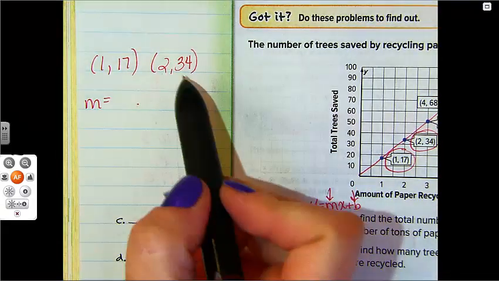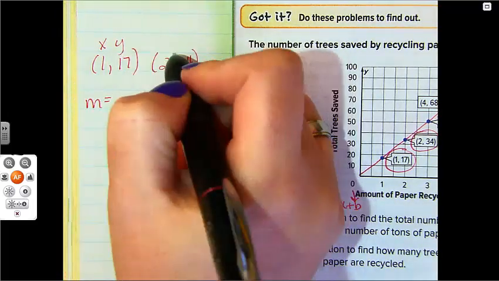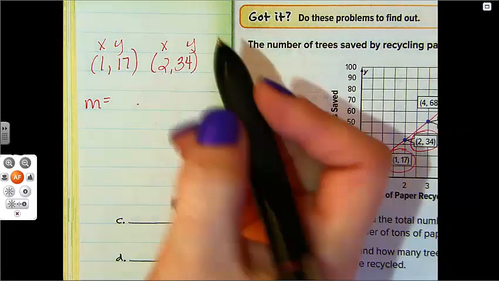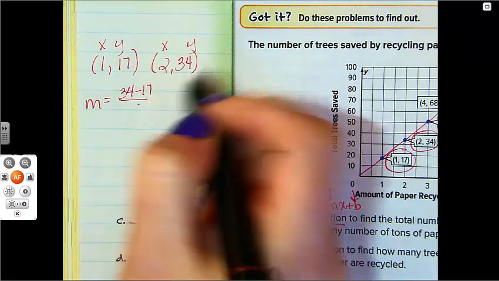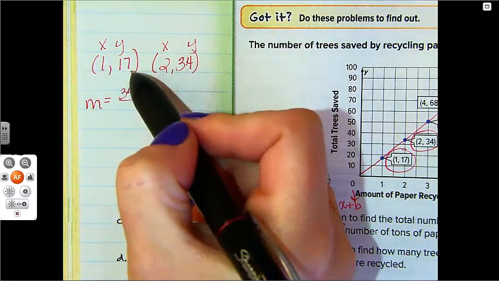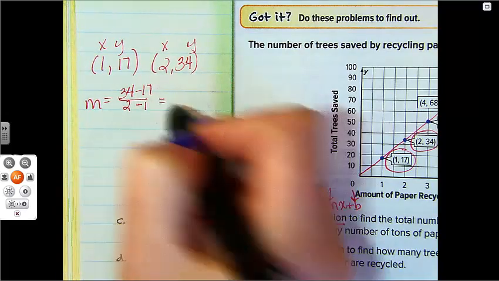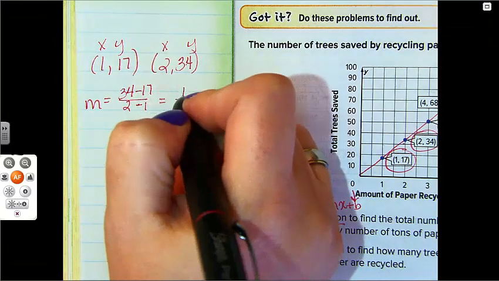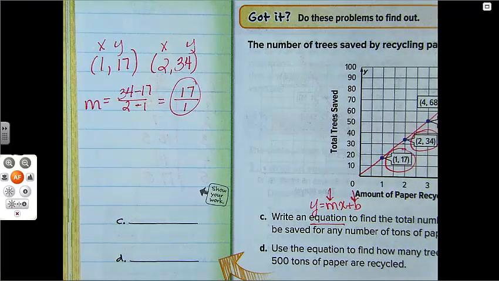It doesn't matter which one you make y2 and y1. So I'm going to take 34 minus 17, y2 minus y1, over 2 minus 1. 2 minus 1 is 1. 34 minus 17 is 17. So my slope is 17 over 1.